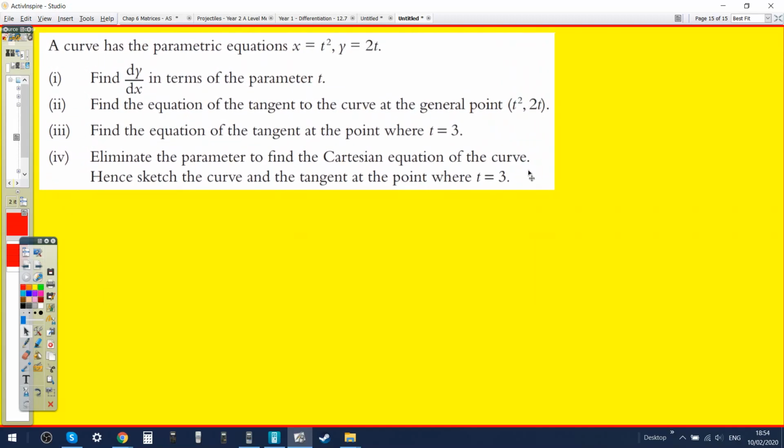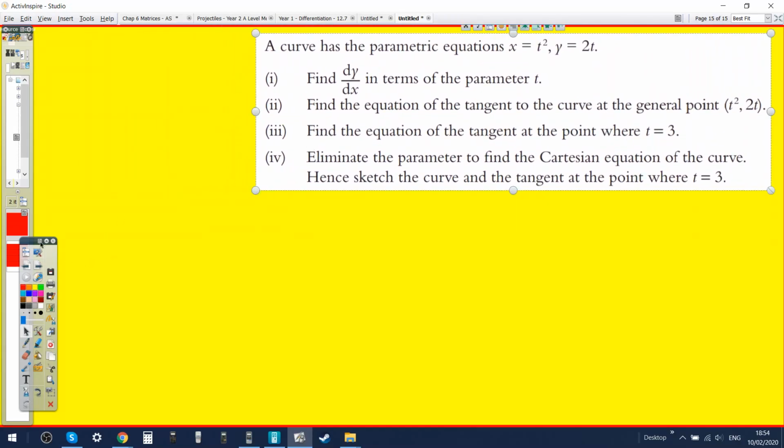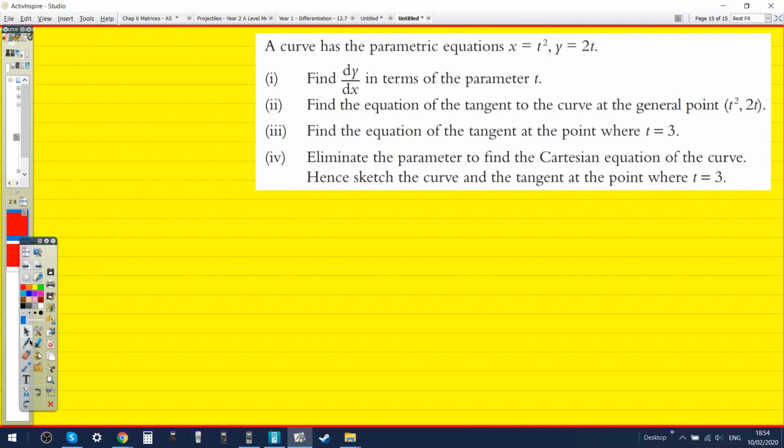So what is the derivative of the y? Derivative of y is just 2. Yeah, so it's going to be 2 over, what's the derivative of the x? 2t. So 2 over 2t, which simplifies to 1 over t.